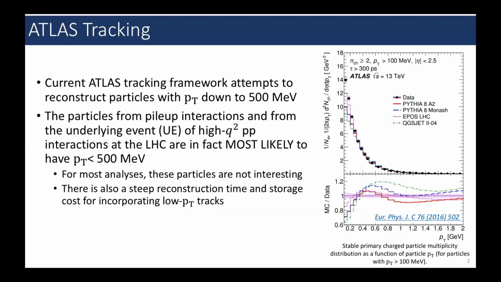However, as the plot on the right shows, particles from pileup interactions and from the underlying events of high Q-squared proton-proton collisions at the LHC are actually most likely to have pT below 500 MeV. Of course, for most analyses, these particles are not particularly interesting, and reconstructing these tracks has a steep cost in terms of time and storage.